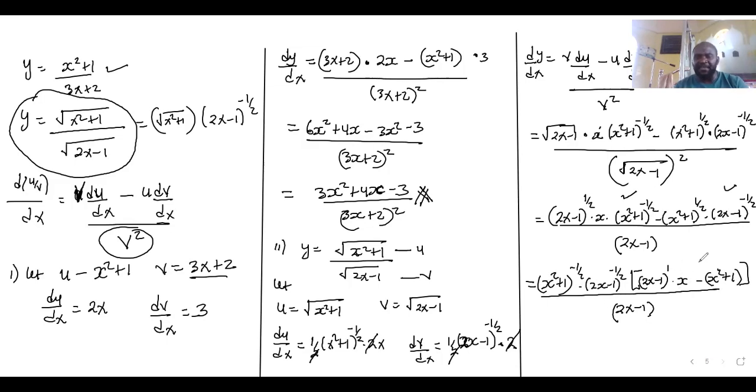So you simplify this term by opening brackets. If these two go down, we shall have (x squared plus 1) to the power a half times (2x minus 1) to the power 3 over 2. The numerator becomes 2x squared minus x squared minus x minus 1.